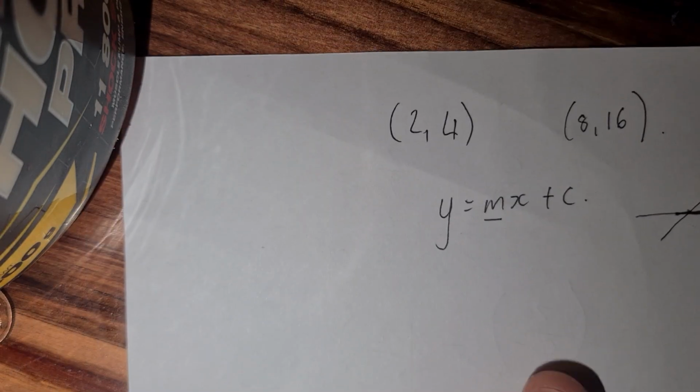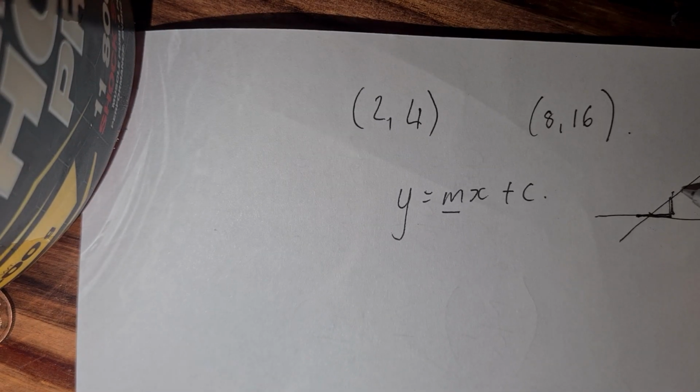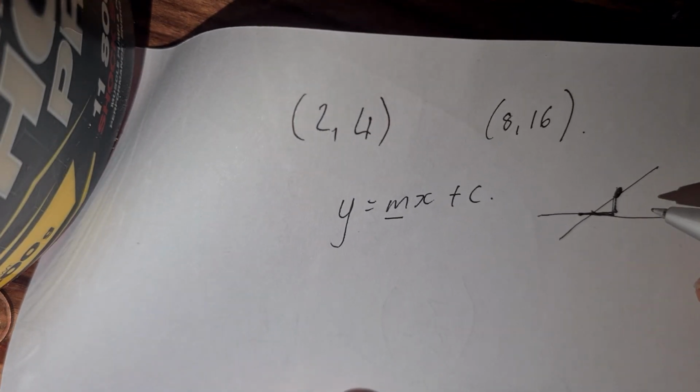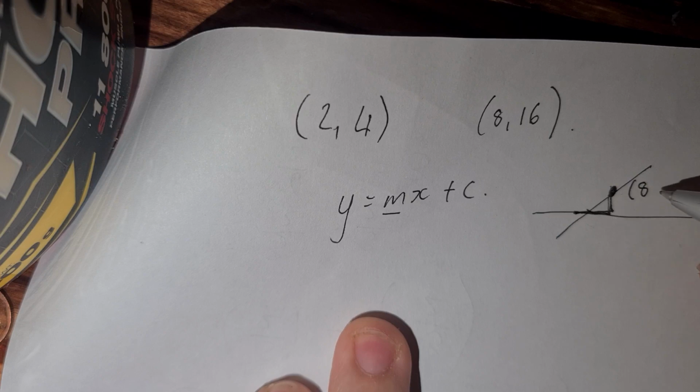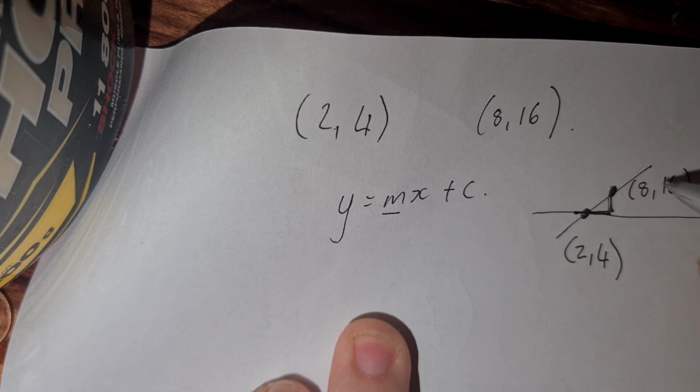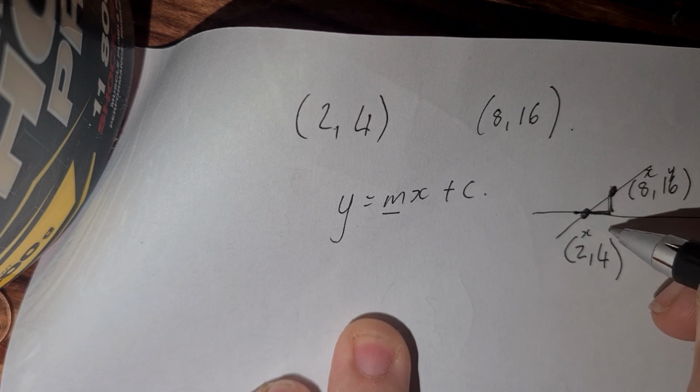So, how do I find out this gradient? Over here I have (8, 16), and over here I have (2, 4). So that's x, y and x, y.